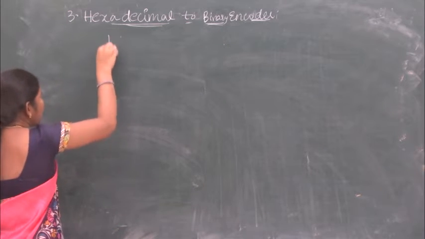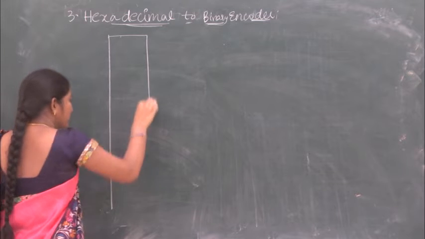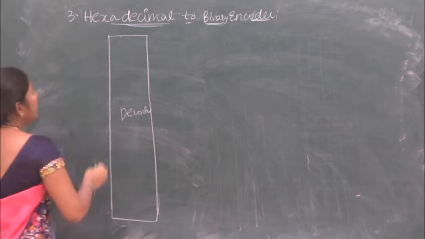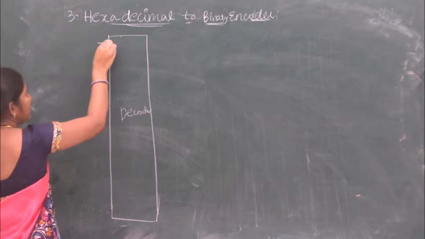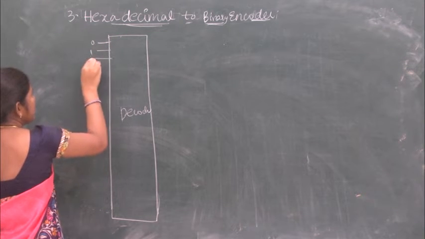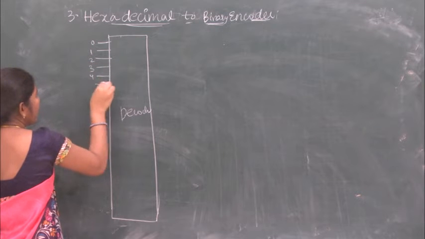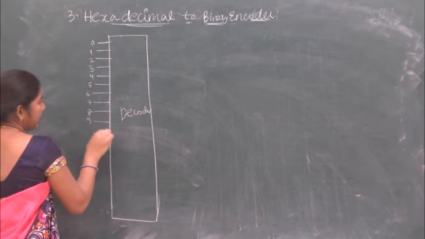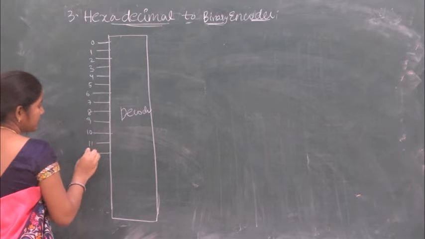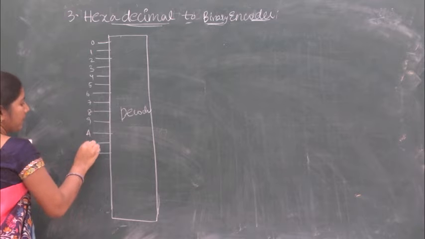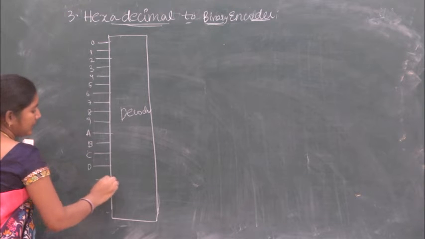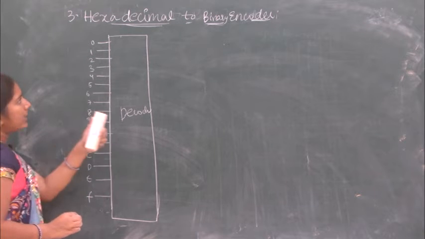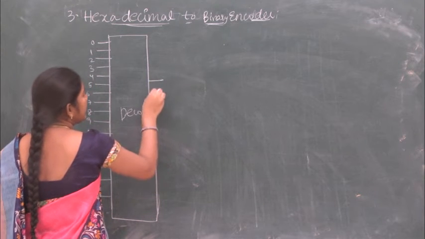So I am considering one decoder which is having hexadecimal inputs which are 0, 1, 2, 3, 4, 5, 6, 7, 8, 9, A, B, C, D, E, F. 16 inputs and which are represented in binary.